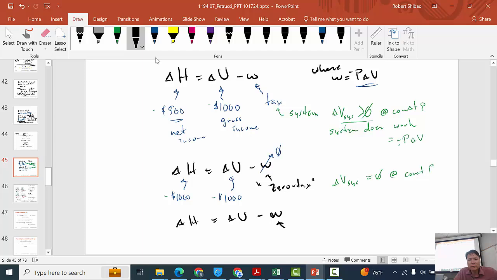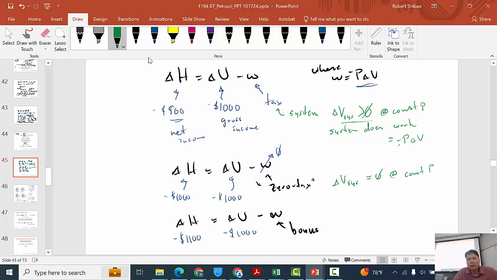Where this is a bonus. So let's say the net payout to the surroundings is $1,000. So you're expecting $1,000, you're the surroundings, but you end up getting $1,100. Well, why did you get more than the total? You got more than the total because some came from the surroundings.